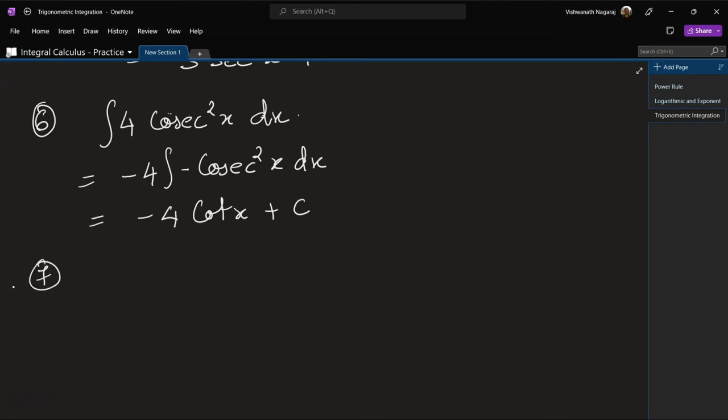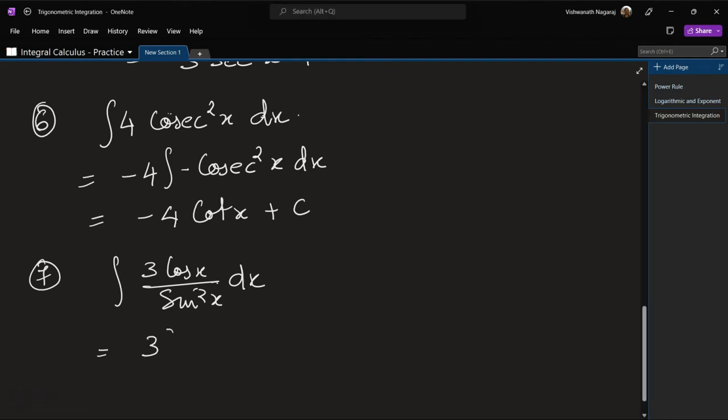Seventh one, integral of 3 cos x by sine square x dx. Okay. Now here, what can we do? Let's take 3 out. Let's split this sine square x.